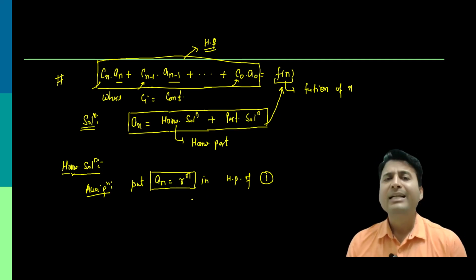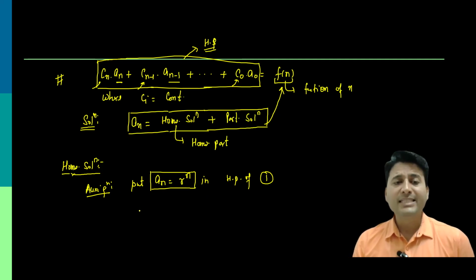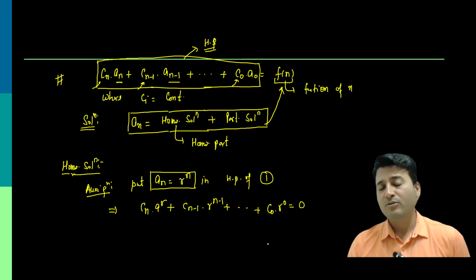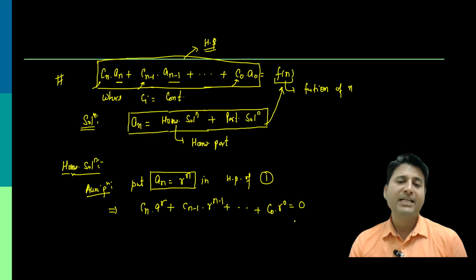What is r over here? It may be any real number. Now, when I substitute this in the homogeneous part of the equation, what I get is Cn into r to the power n, plus Cn minus 1, r to the power n minus 1, plus ... plus C0, r to the power 0 equal to 0. It's important to take it equal to 0 because we are paying attention only to the homogeneous part.